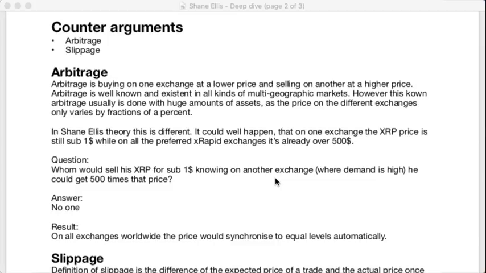Arbitrage, simplified, means you buy low on one exchange and sell high on another exchange. This concept is basically known on existing exchanges for other assets, stocks, whatever. It works as soon as you have a multi-geographic market, like exchanges in different geographies.